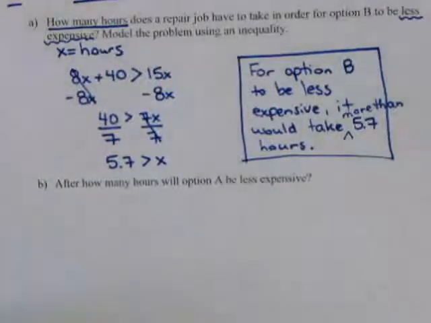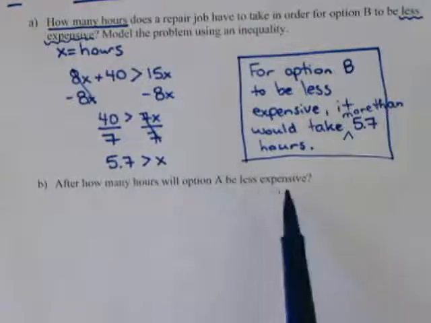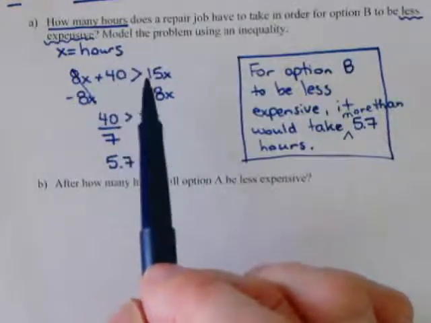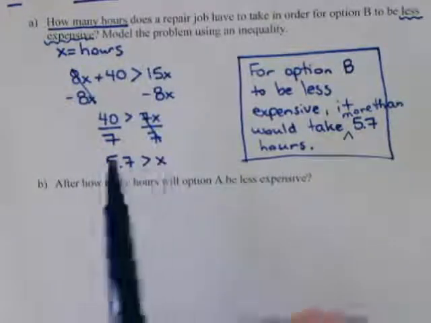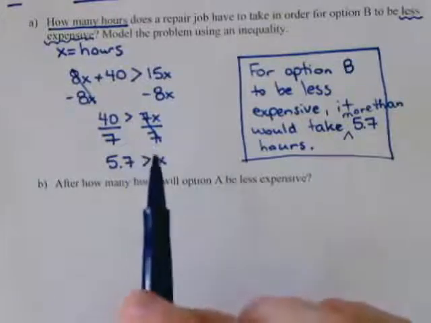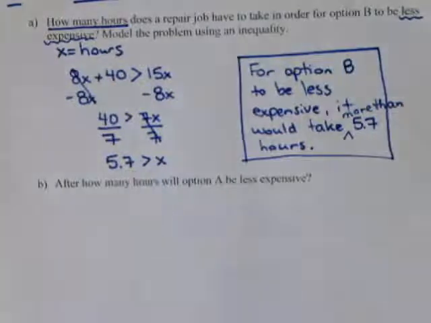So now let's go and take that and let's reverse how we would say these kinds of things, because now I want to know after how many hours will option A be less expensive? Well, that would just simply mean that we would have taken this inequality and we would have switched it around. But that doesn't mean that our answer would have been different. It just means that our inequality symbol would have been facing the opposite way.